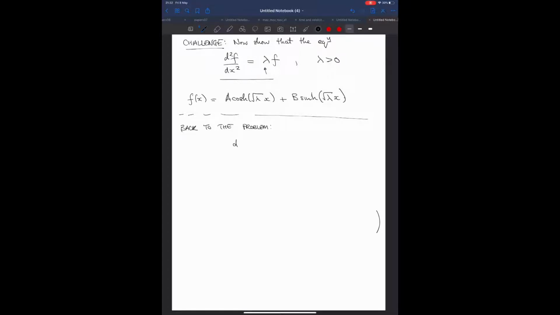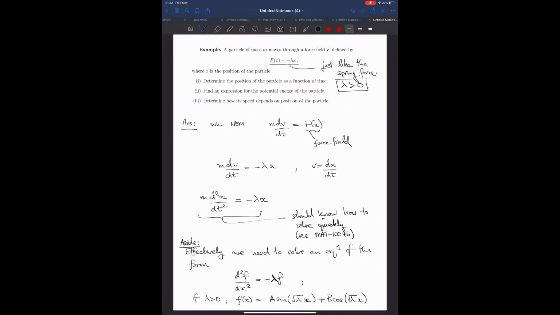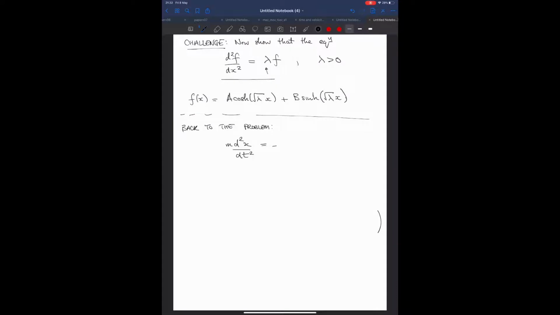So we got this m d squared x by dt squared equals this. Lambda and m are greater than 0. If I divide through by m, then I have this. And clearly this is greater than 0.